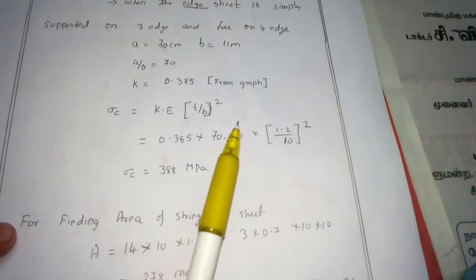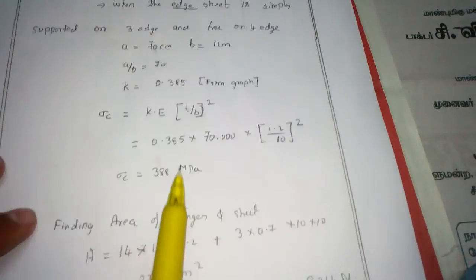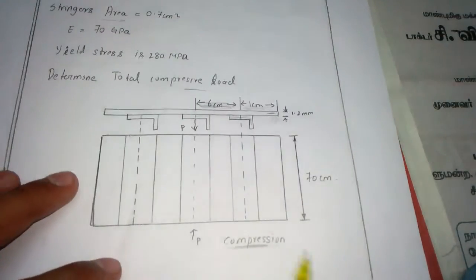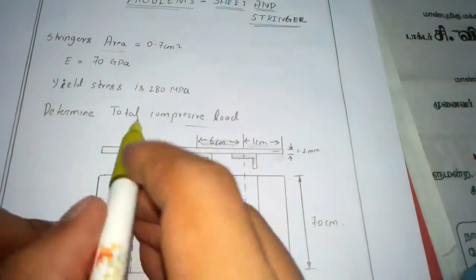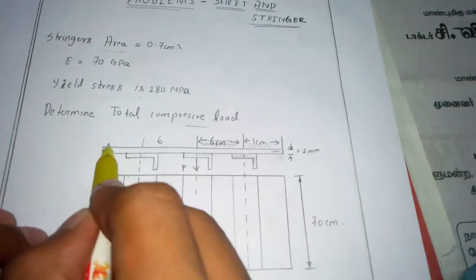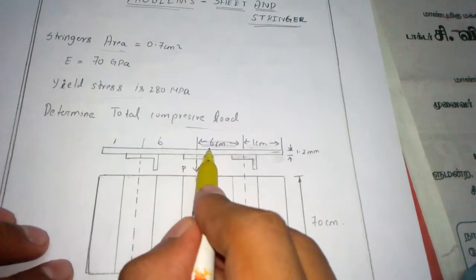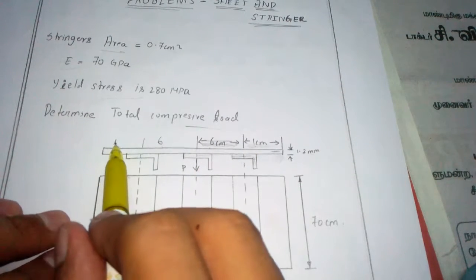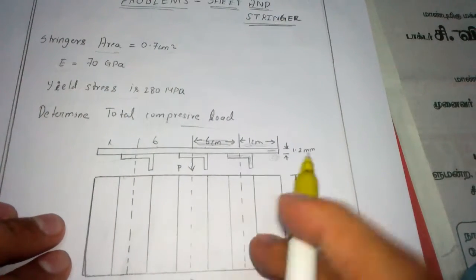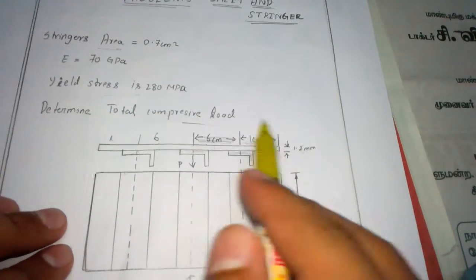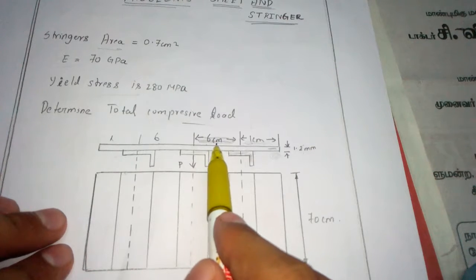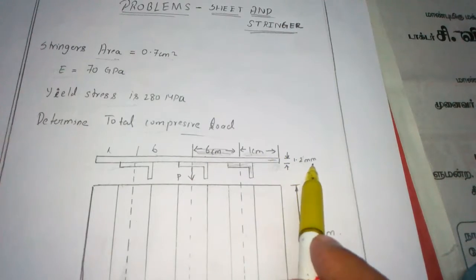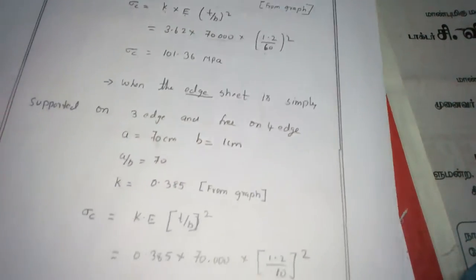For finding the area, it is 14 into 1.2. The whole length: 6, 1, 6 plus 6 will be 12, 12 plus 1 will be 13, 13 plus 1 will be 14, times the thickness 1.2. This is in centimeter, so we need to convert into mm by multiplying by 10.